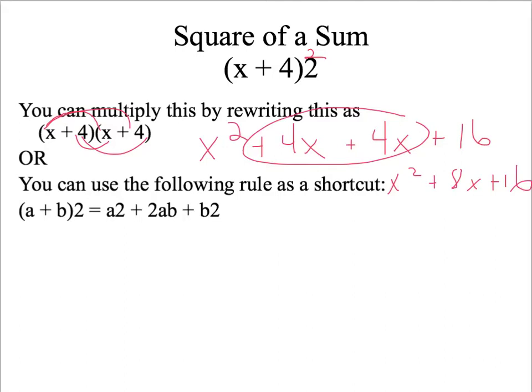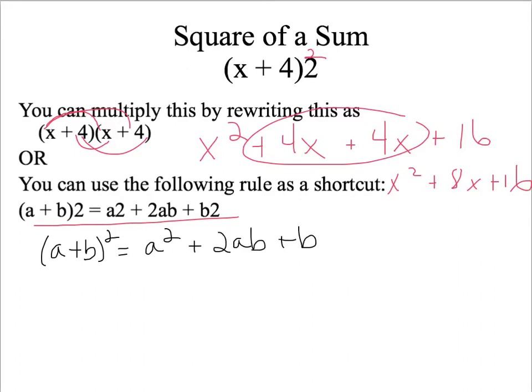Well, this formula that's written down here says that if you have the square of a sum, (a + b) squared, you can rewrite it as a squared plus 2ab plus b squared. So if we plug in (x + 4) squared, a is my x, so it becomes x squared plus 2 times a, which is x, and b, which is 4, plus b squared, which is 4 squared.